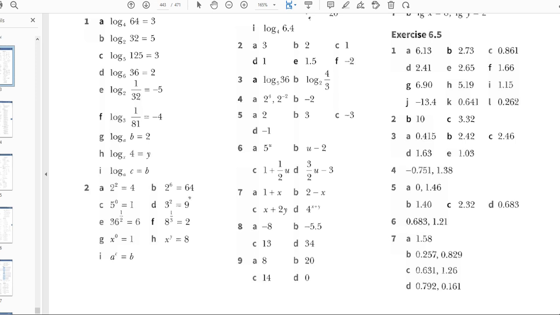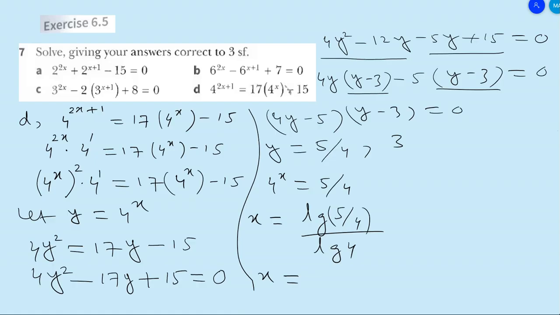The book answer is 0.792 and 0.161. My answer is not matching. Yes, this is the 100% correct answer, 0.161. So actually it was my calculator mistake, not a mistake in the question. I pressed the wrong button.